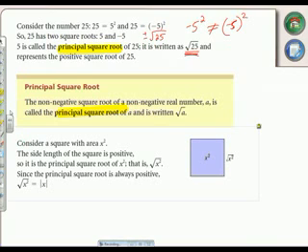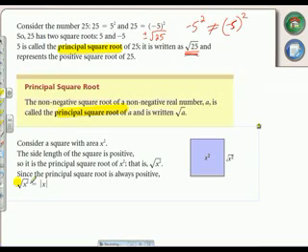So if we look at distance, if I'm saying x squared is the area, well, the side length has to be the principal square root, the positive answer. A negative in this situation wouldn't make any sense for a side length.